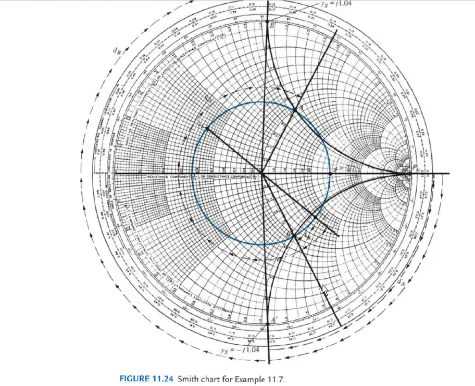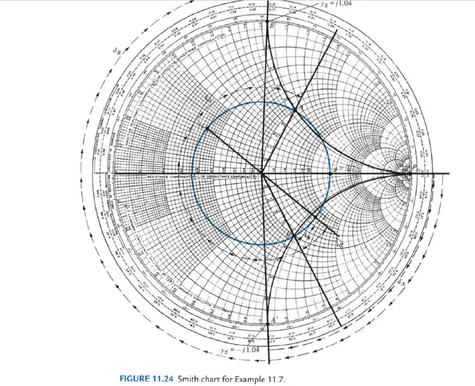Then after getting this, we can find the stub location or stub distance. After finding this A and B, it is easy to find the stub distance or stub location. You measure the distance from YL to B and YL to A. That distance should be in lambda terms.